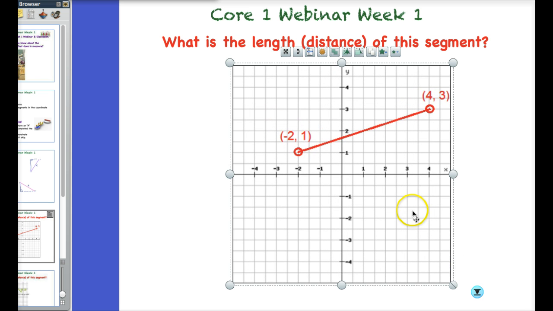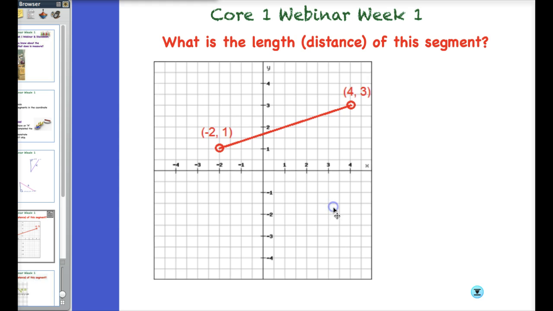I can also do that to help you a little bit. Okay, so go ahead and make your guesses. How long is it? Is it 5 units, 6 units, 4.3 units?